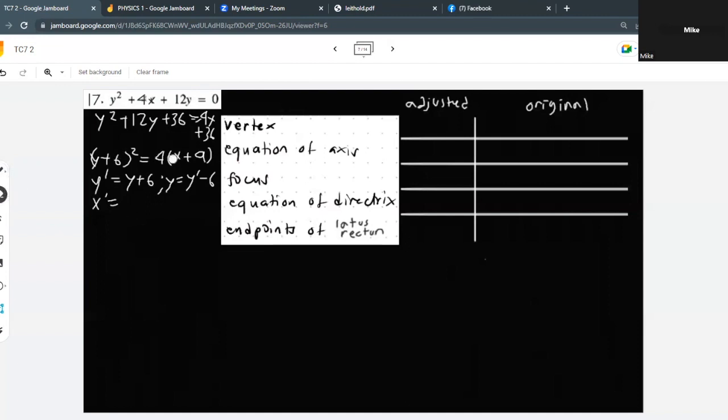So, factor out yung negative sign. So, negative tas x minus 9.